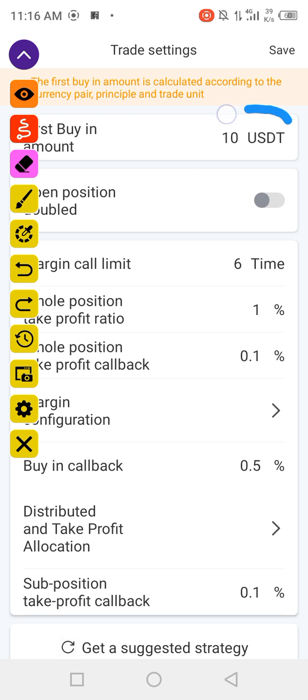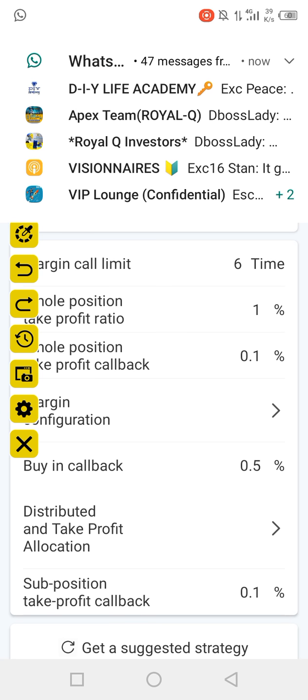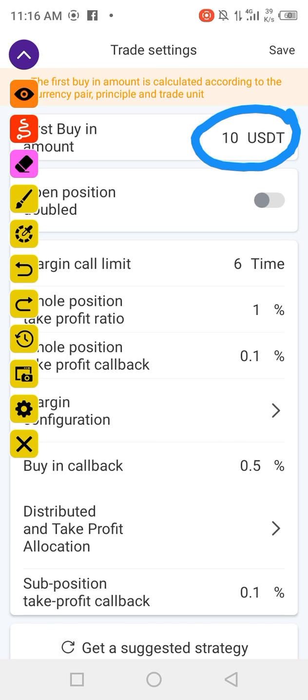The initial buy-in is usually 10 to $15, but 10 is okay if your trading capital is just above 100 USDT. But if you have up to 1,000 USDT, you can increase this to 500 USDT.